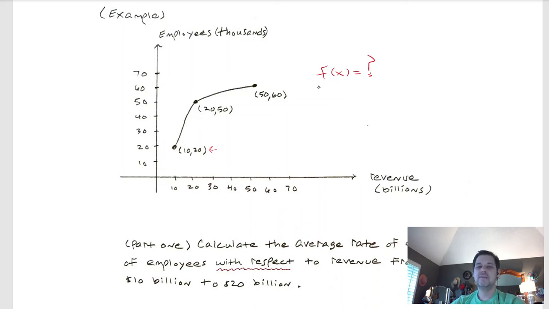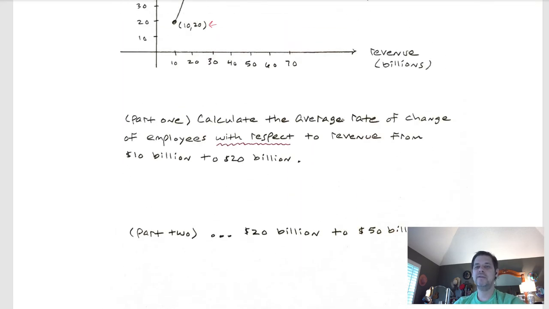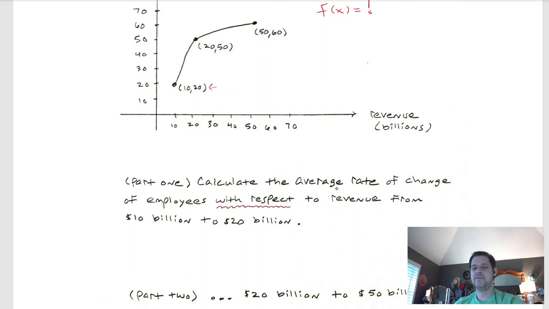All right, so let's see if we can do this. It says, can you calculate the average rate of change of employees with respect to revenue from 10 billion to 20 billion? Now, it says average rate of change, and we've already seen that. What's not given this time is a function.